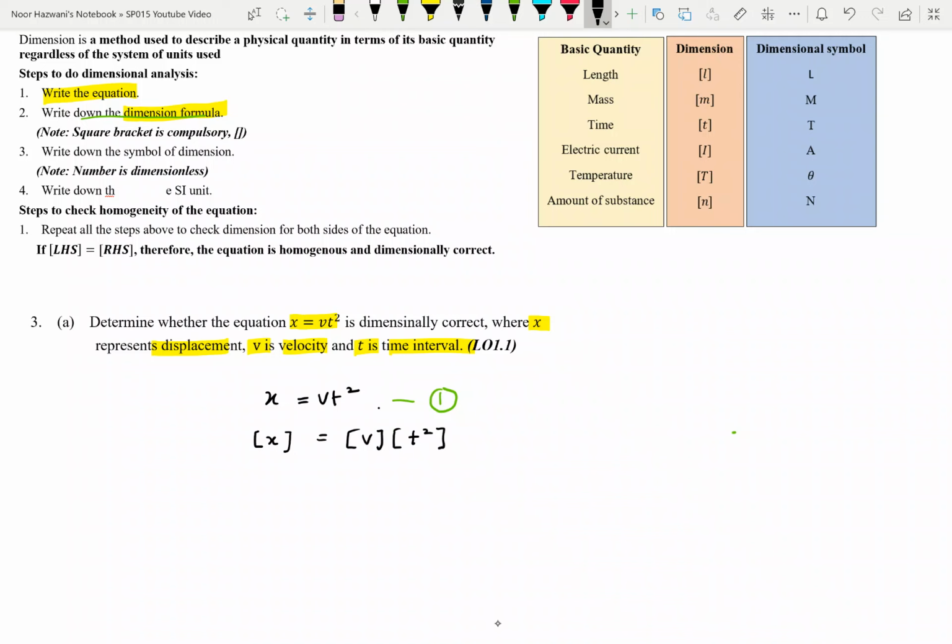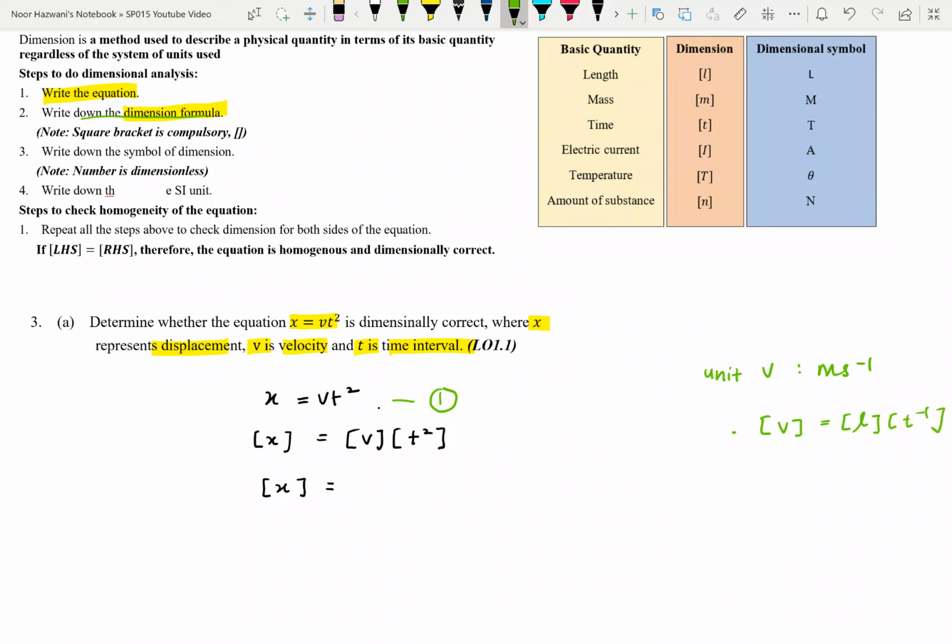But remember, velocity is still not a basic quantity. So if you don't remember the basic quantity of velocity, you can remember the unit for velocity, which is ms^-1, meter per second. So its dimension formula is equal to L t^-1.